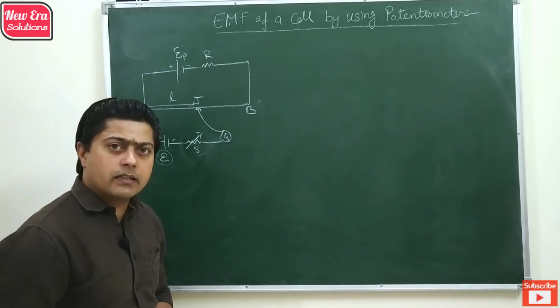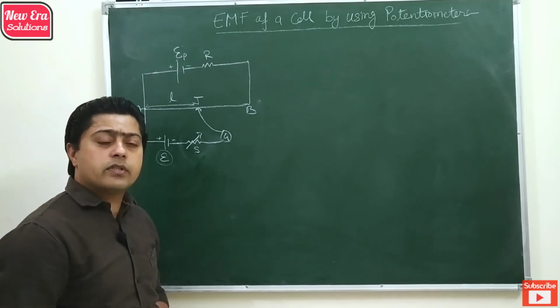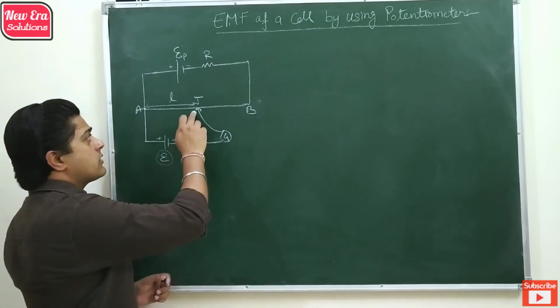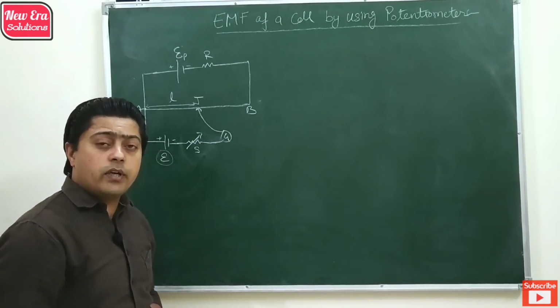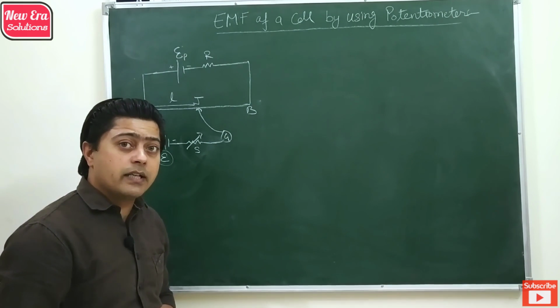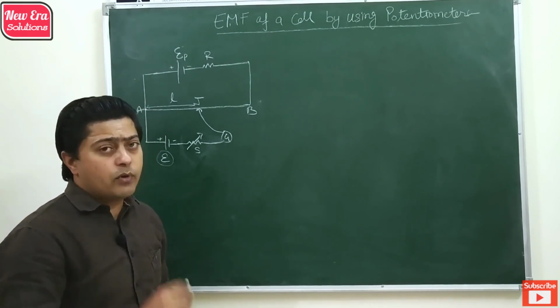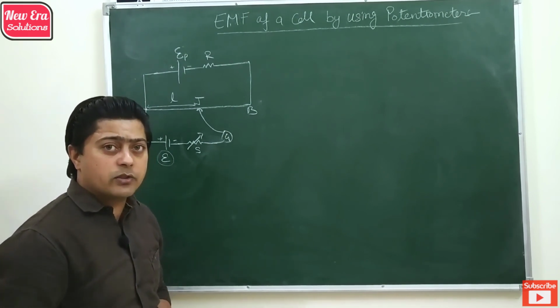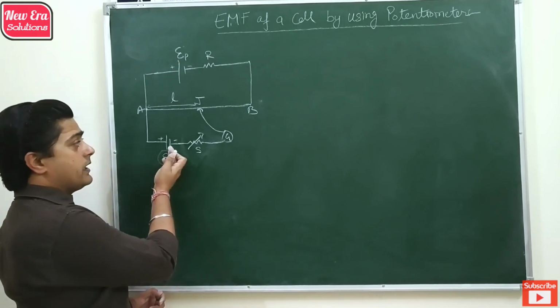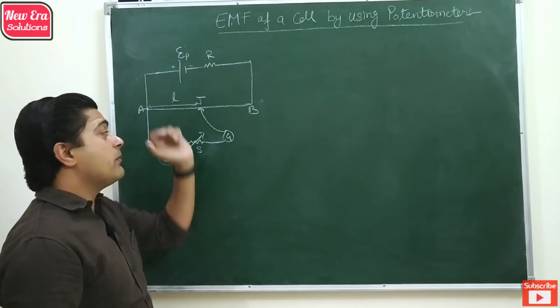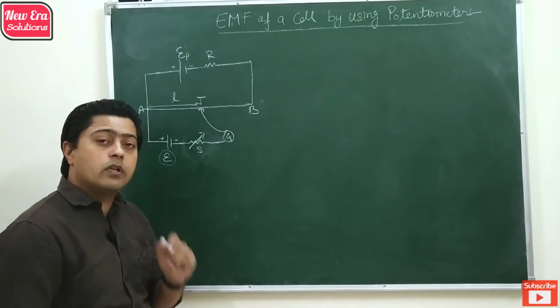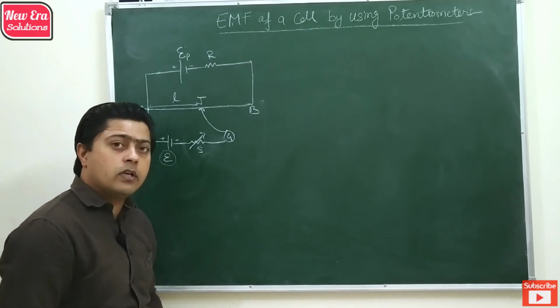So before starting the measurement, you can check your circuit by touching the jockey at point A and at point B, and at these two points you get opposite deflection in the galvanometer. And if you are getting one-sided deflection, then maybe you connected the wrong terminal with A, or maybe your primary cell has smaller EMF as compared to your unknown cell.